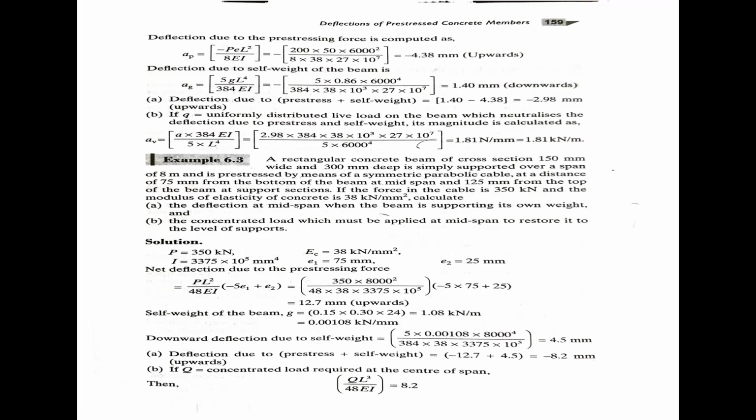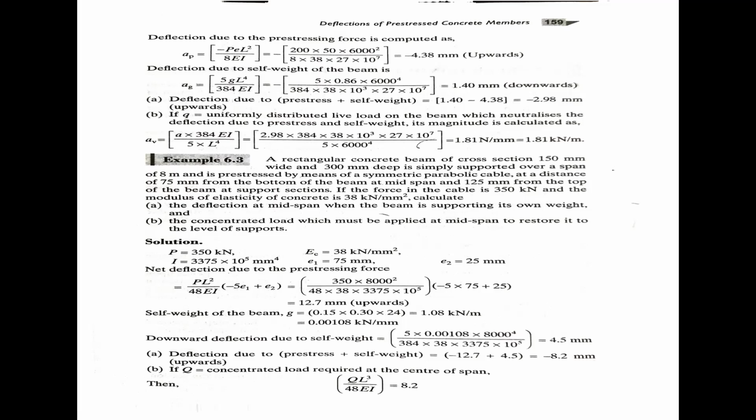I have to write now 2.98 into 384 into 38 into 10 cube into 27 into 10 to the power 7 divided by 5 into 6000 to the power 4. Finally, 1.81 newton per mm, which converts to 1.81 kilonewton per meter. That is the live load, the uniformly distributed load which neutralizes the deflection due to prestress and self weight.